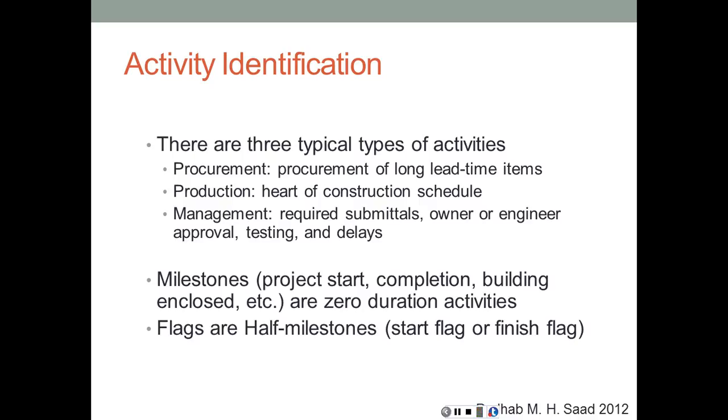Production, which is the heart of the construction schedule, placing that concrete. And management, so the required submittals, owner or engineer approval, testing, and delays, which are not production or procurement activities, but they still form major milestones and flags and constraints in the project. Therefore, we need to reflect them on the schedule.